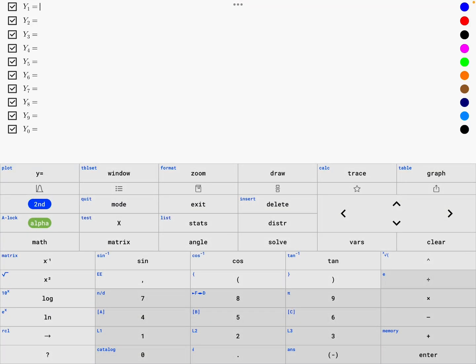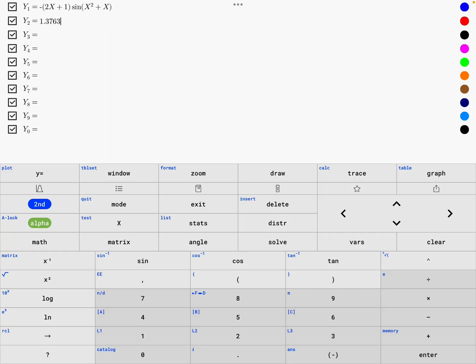We'll go y equals, so we're going to graph f prime of x, so that's going to be negative 2x plus 1, and then sine of x squared plus x. And then we're also going to input the value of 1.376.